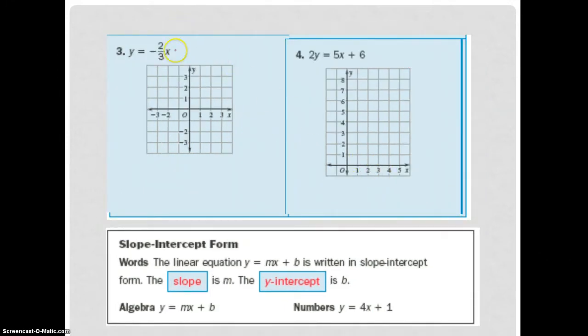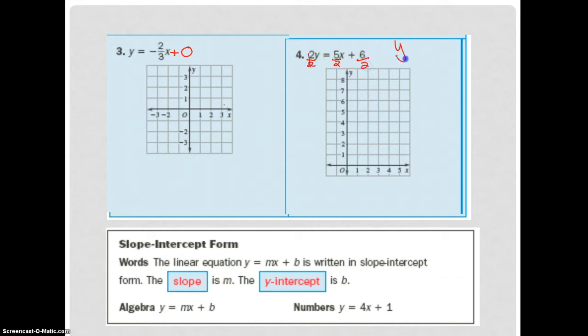With number 3, let me just help you out and tell you that this is adding, and what could I put here that wouldn't change the fact that it's negative 2/3 x? Well, 0. For number 4, you're going to rewrite the problem.